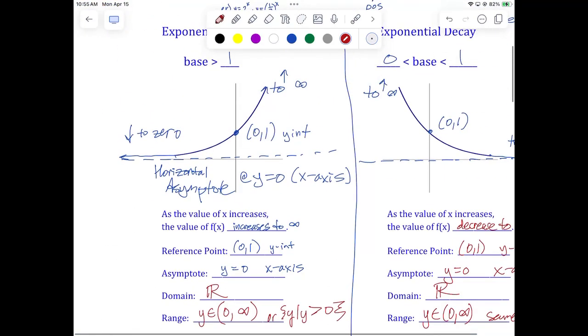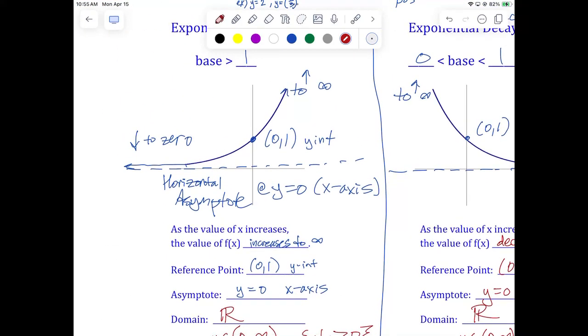And what important feature on this graph is going to move when we shift these graphs up and down? The reference point will move for sure, and we can maybe follow it. But what other big, huge feature? The asymptote will move. Now, here's what's cool about the d value. Your asymptote starts at y equals 0, doesn't it?